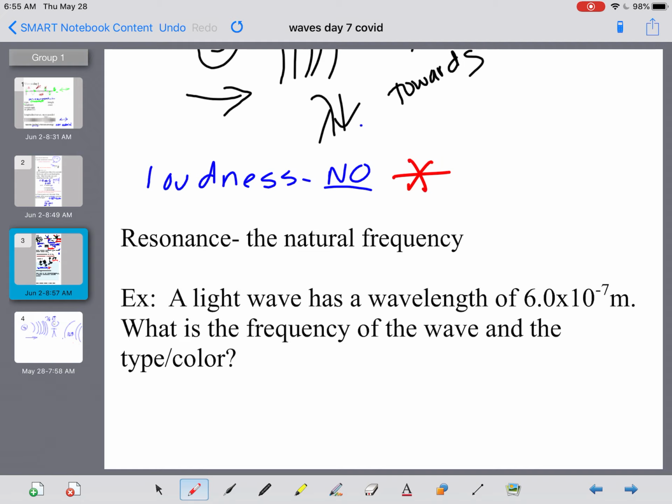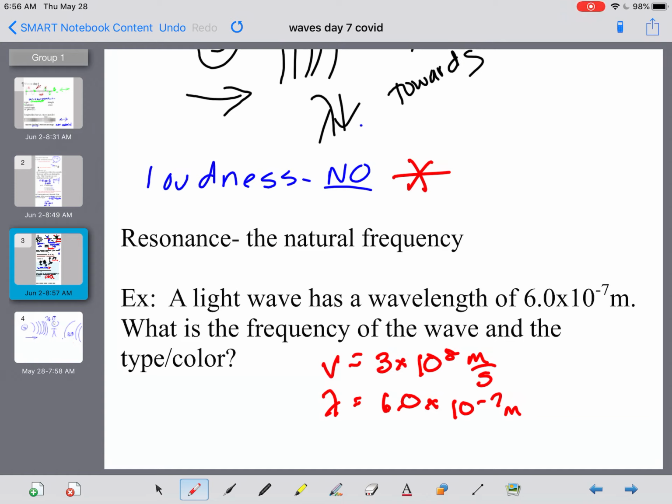So what I'd like you to do is try this problem here. We have light that has a wavelength of 6 times 10 to the negative 7. What's the frequency or color of it? So what we are going to do is we have our velocity is 3 times 10 to the 8th meters per second. And my wavelength is 6.0 times 10 to the minus 7th meters.